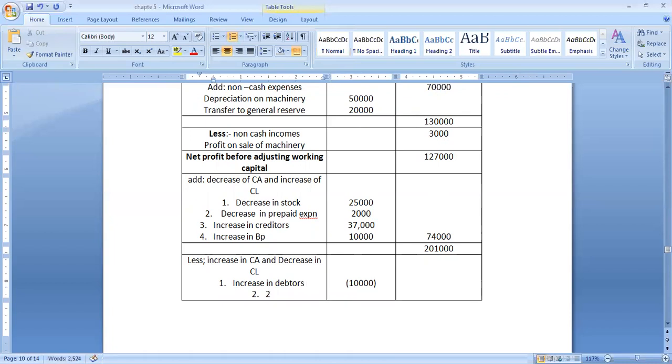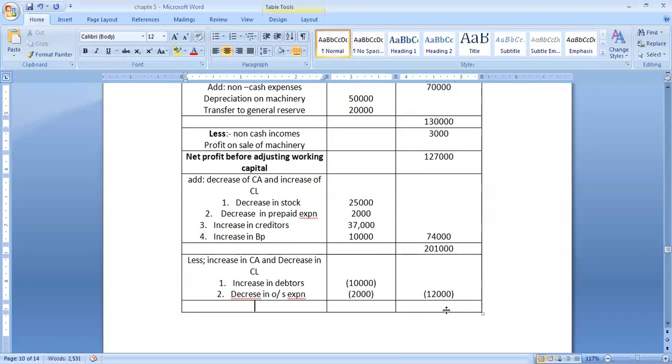So now you got the second one as the decrease in outstanding expenses. So what is the value? It is 2,000. Totally it will be 12,000. So reduce it.